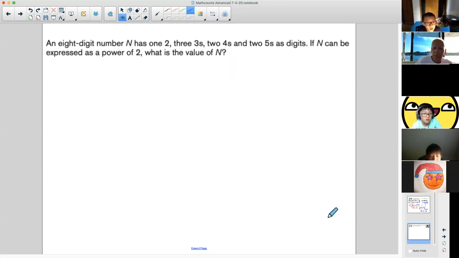Send me a chat with your answer if you know the value of N, the 8-digit number. I'm working my calculator on this, guys, big time.